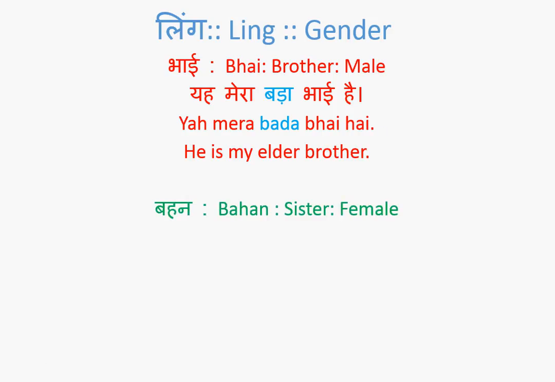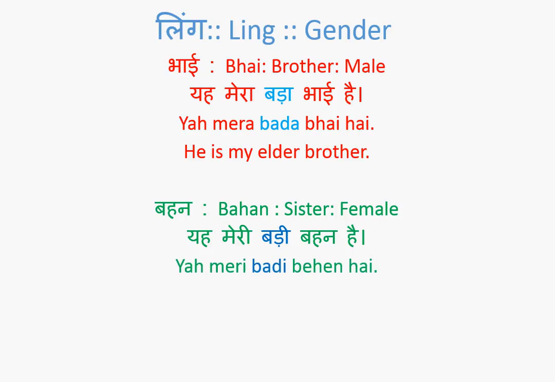Now let's take a look at the example of a female, that is बहन, sister. Now यह मेरा बड़ा भाई है was for male, right? For my elder brother. Now if I have to talk about my elder sister, यह मेरी बड़ी बहन है.